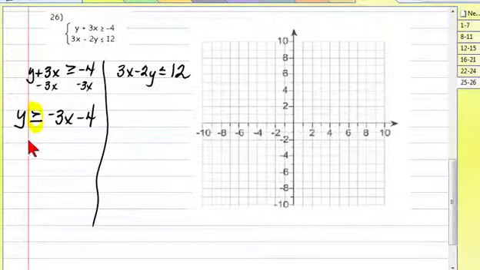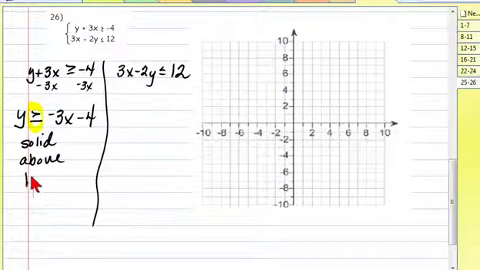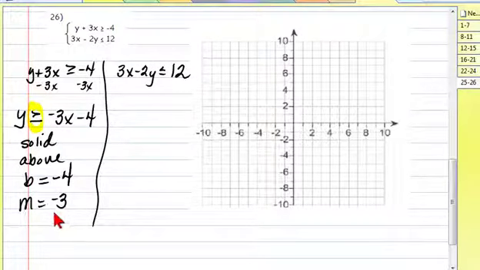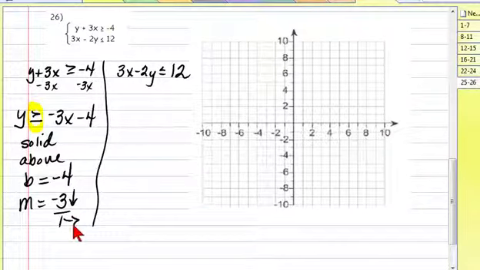Solid. Okay, it's going to be solid. It says y is greater than this, so I will shade above. I will begin at -4, and my slope is -3. Put it over 1, which means down 3, right 1.